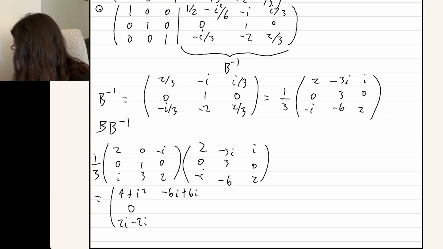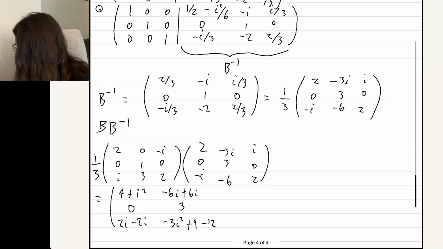And then just 0 times minus 3i is 0. We've got 3 here, and then we've got 0 again, so it's just 3. Then i times minus 3i is minus 3i squared. 3 times 3 is 9. 2 times minus 6 is minus 12.